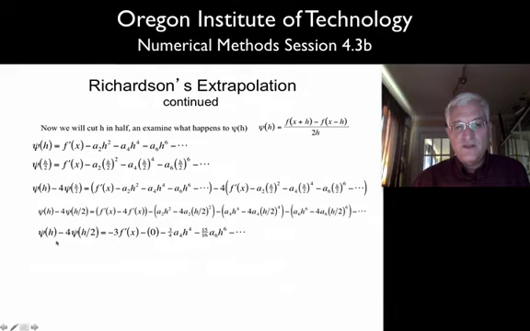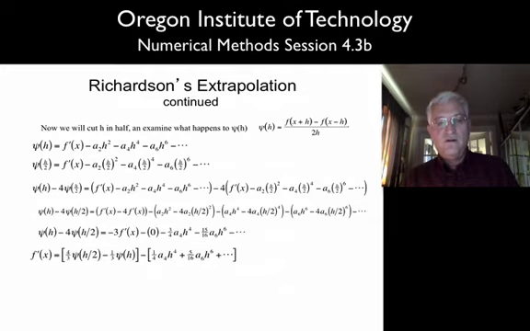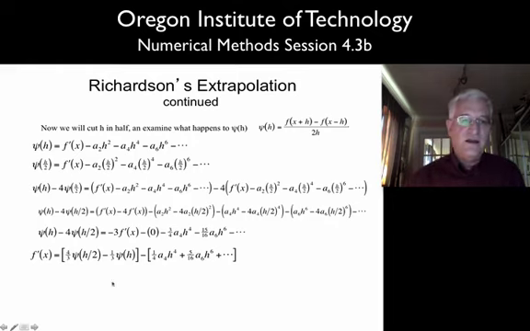Let's continue to reduce that. You end up with this linear combination on the left equal to minus 3 times the derivative that we're trying to calculate, minus 0 because we aimed it that way to get rid of it, plus a bunch of junk that starts with h to the 4th. Let's solve for f prime. Well, I'm back to my nice computational formula again. I've got a computational formula, granted it's a little complicated, and I have an error term that is going to disappear like lightning.